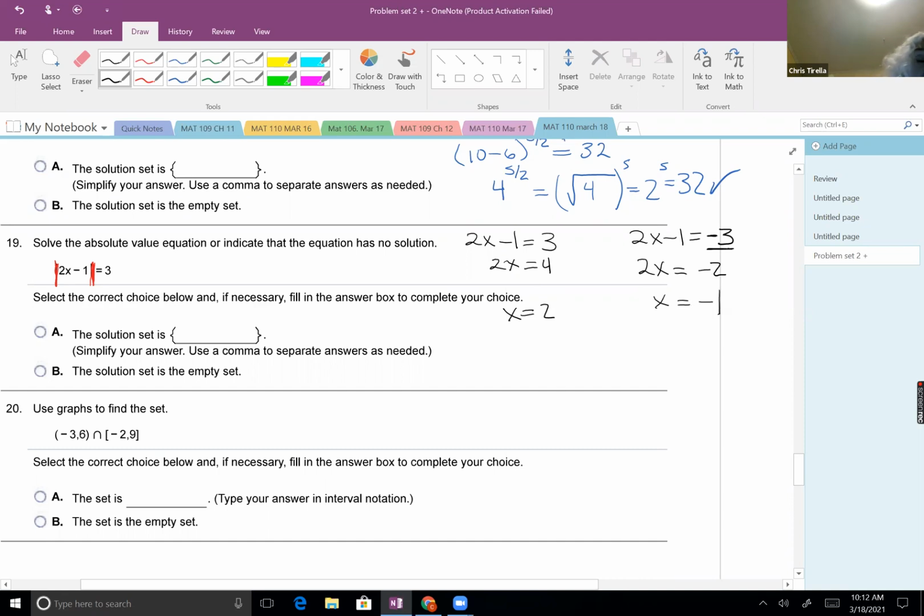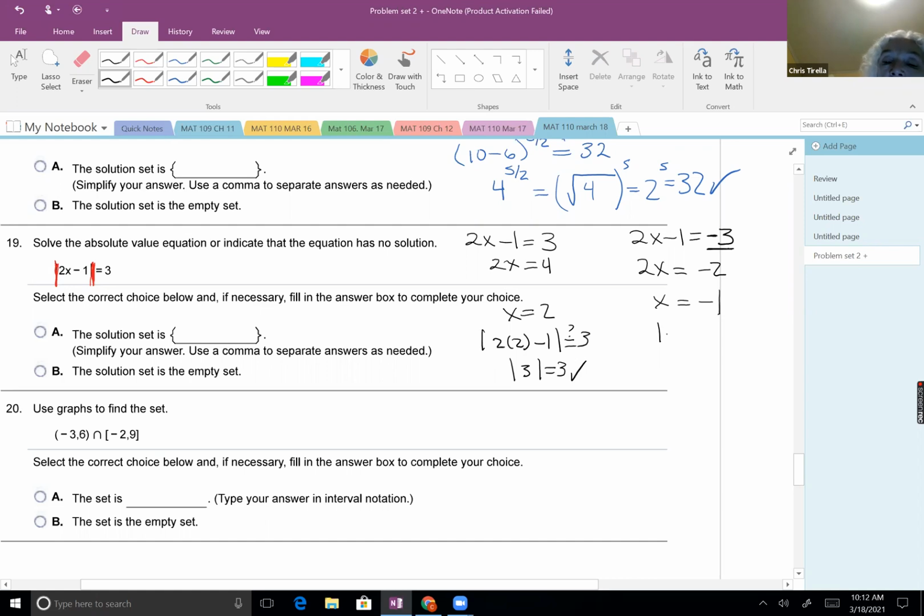Because they give you the possibility of having no solutions, I would check this. And so checking, does the absolute value of 2 times 2 minus 1 equal 3? Well, that's 4 minus 1, or the absolute value of 3 equals 3, and it checks.